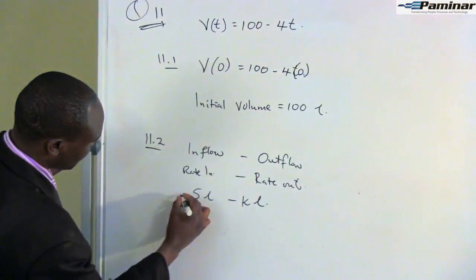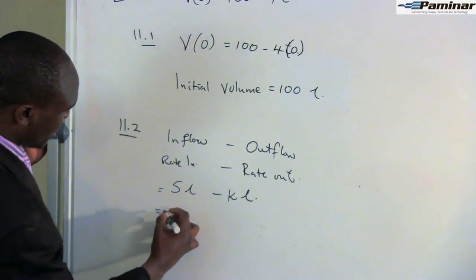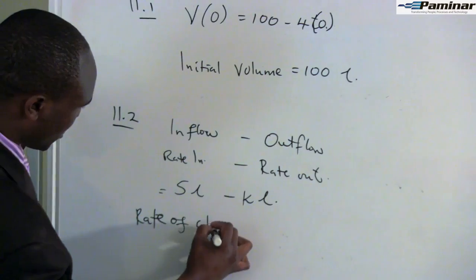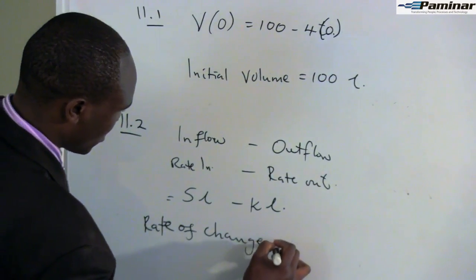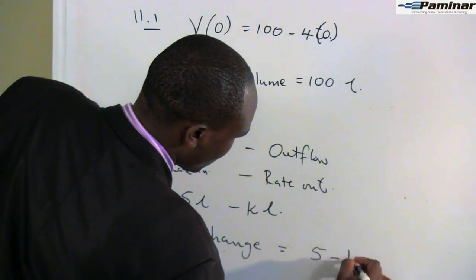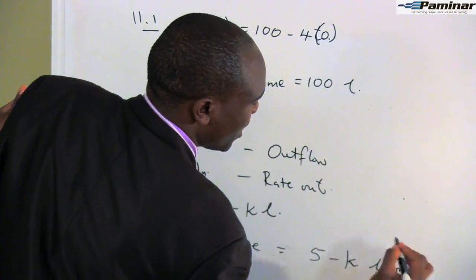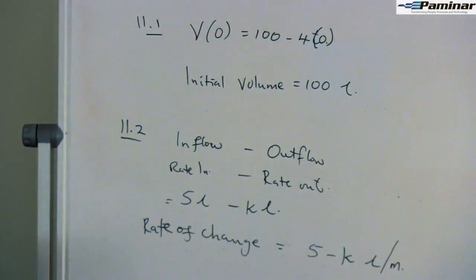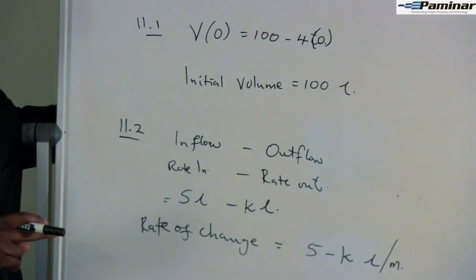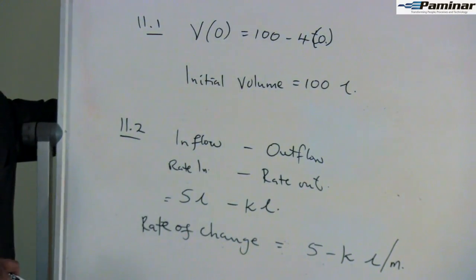The rate of change is equal to 5 minus K liters per minute. That is the rate of change of the volume of water.